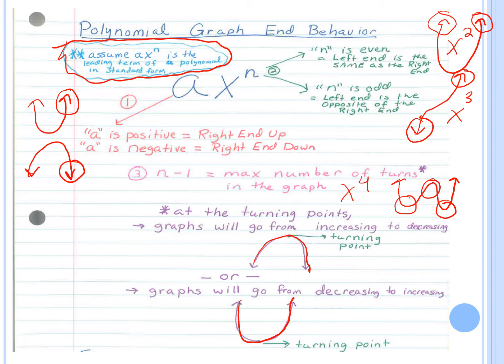So, just by looking at the leading term, we can tell what the right end's doing, we can tell what the left end is going to be doing, and then we can determine the maximum number of turns. Now again, x to the 4th doesn't have to have 3 turns, but that's just the maximum number that it can have. It could still have 1 or 2 depending on the graph. But for x to the 4th, 3 is the most.